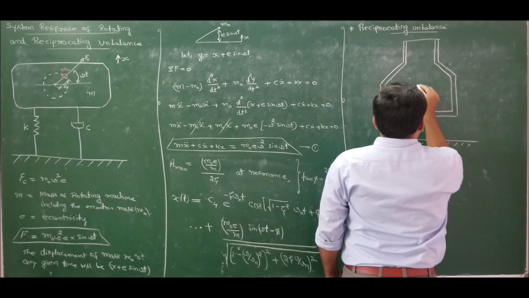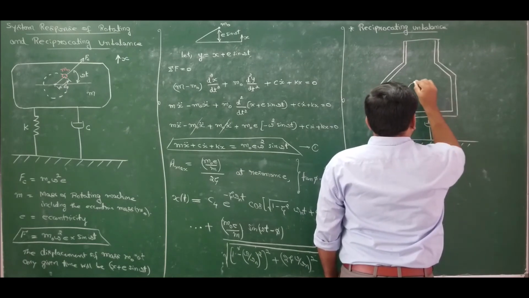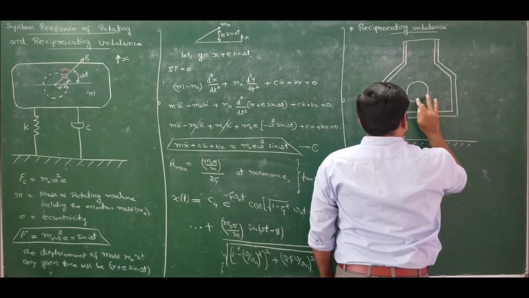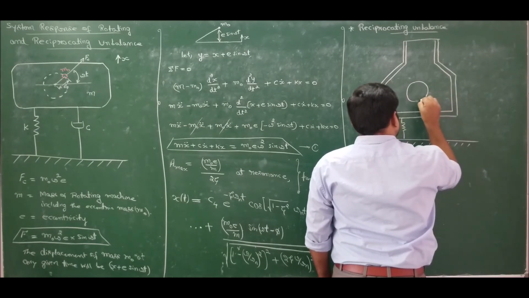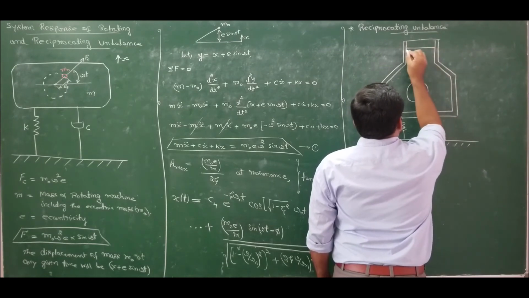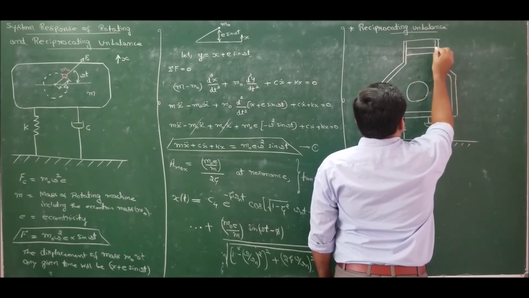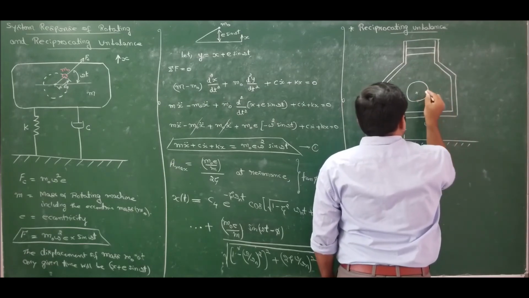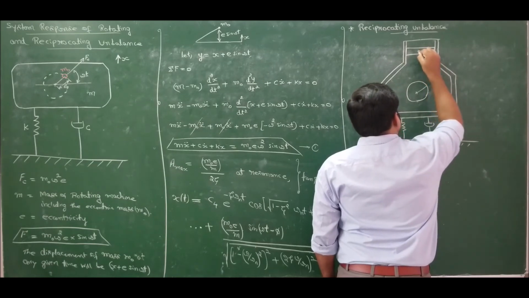Now we have the rotating part here and we have the reciprocating part, the piston. The piston is reciprocating inside the IC engine and we have the crank and connecting rod. Let us have crank and connecting rod like this.